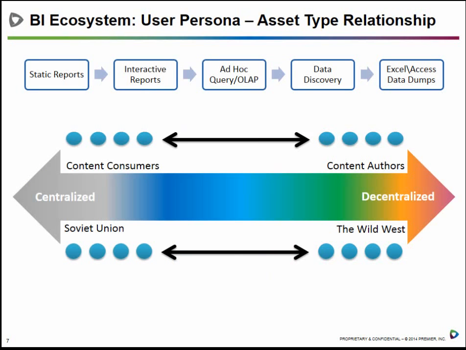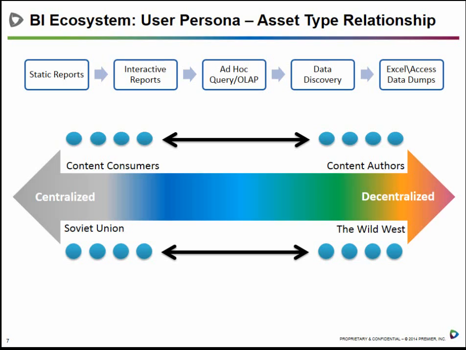Now I'm going to go to the BI ecosystem in terms of user persona and asset type relationship. I think I already alluded to this a little bit in terms of what's going on in the BI ecosystem and its apparent conflict with the new paradigm of data discovery.